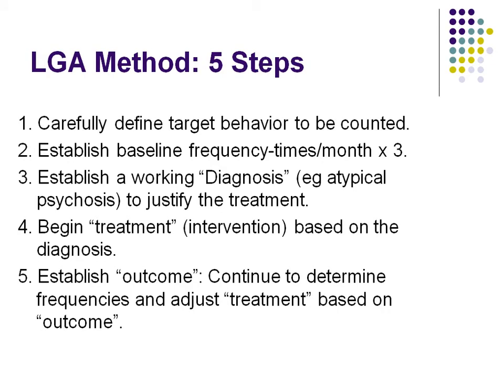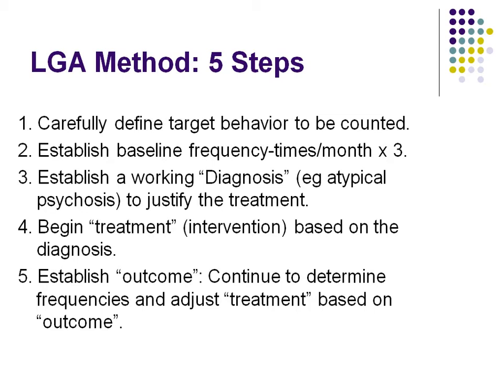Now here's an overall view of the longitudinal graphic analysis method, and generally it consists of 5 steps. The first step is you carefully define a target behavior to be counted, and for example self-injurious behavior that we were talking about before, in terms of whether you're going to count severe cases only, or mild cases, or all cases, and exactly what is the behavior.